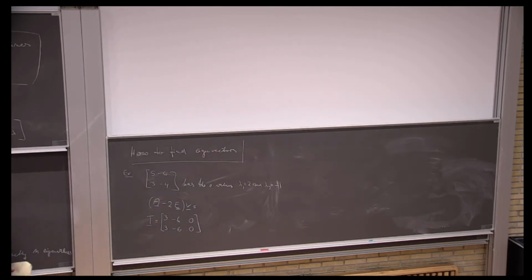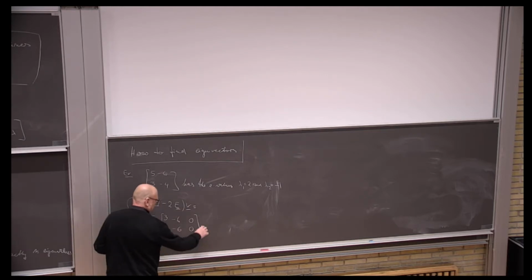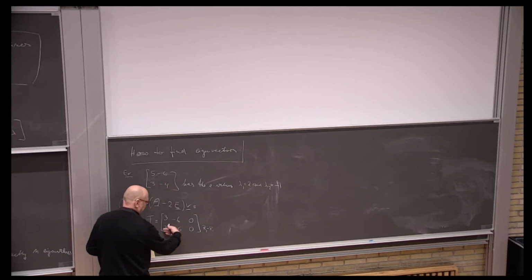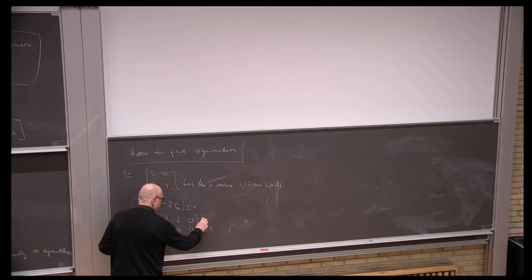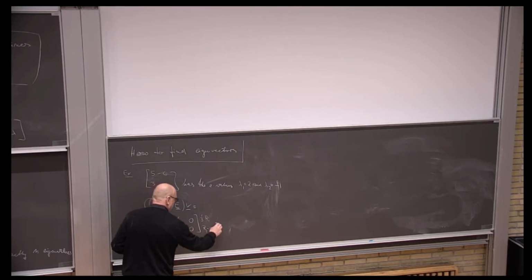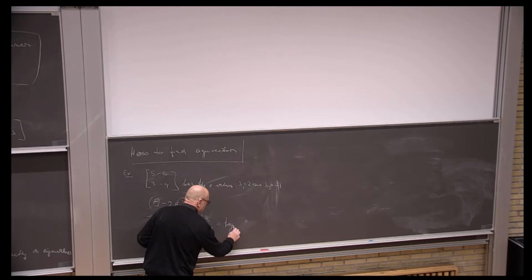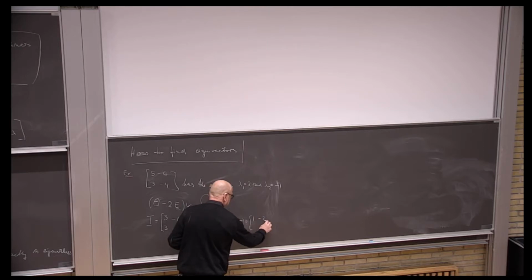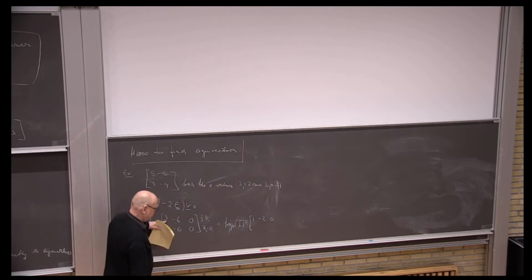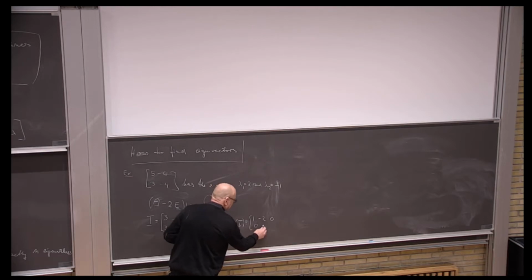So I have this augmented matrix. And here it's easy. I take R2 minus R1, then I get zeros down here, and then I take 1/3 of R1, and I get the reduced augmented matrix. It's equal to 1, -2, 0, and then 0.